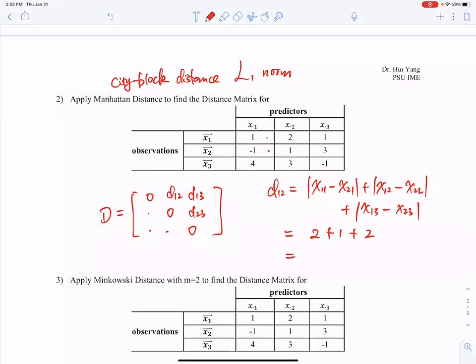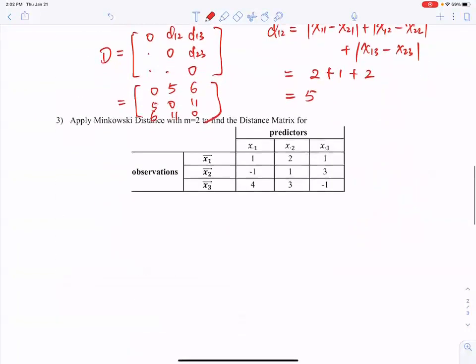This equals 3. Then you can do the same thing for D13, D23. This will give us 0, 3, 6, and 11, so this will be the distance matrix.